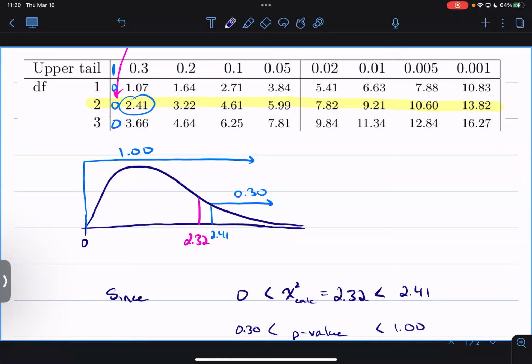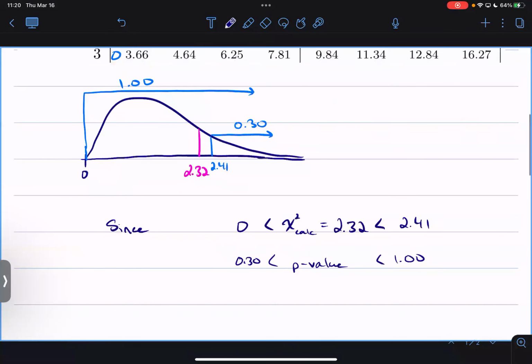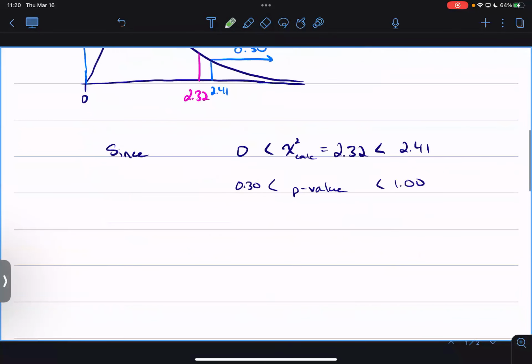So we said we could use the critical value approach. It's not asking for it, but it's good to practice.